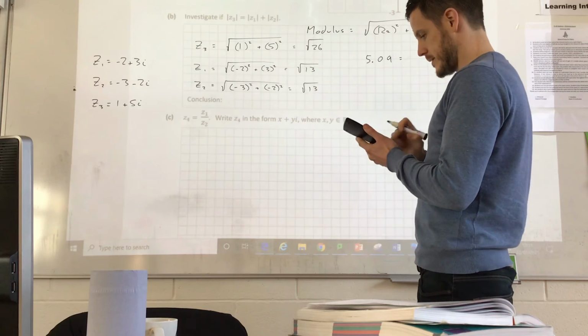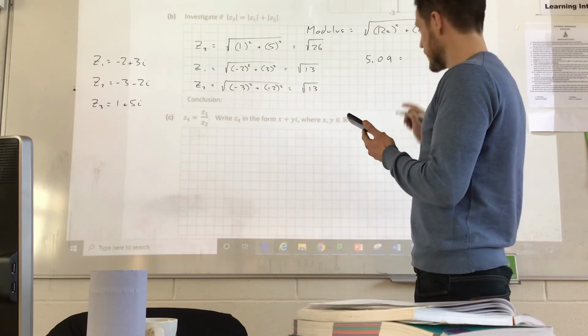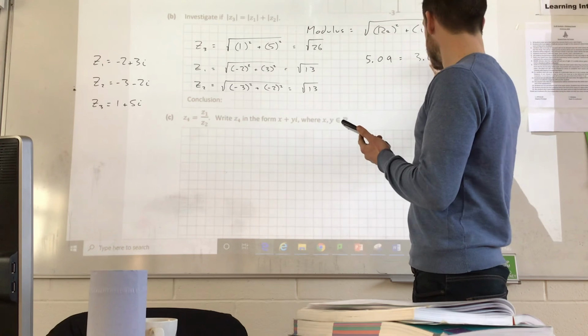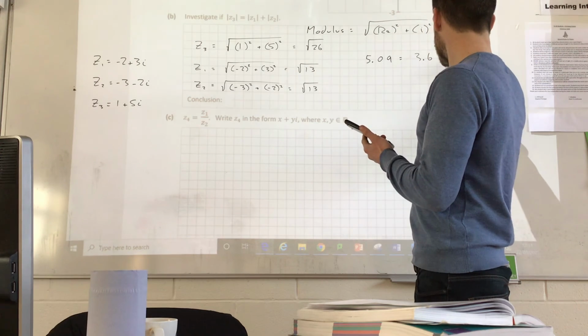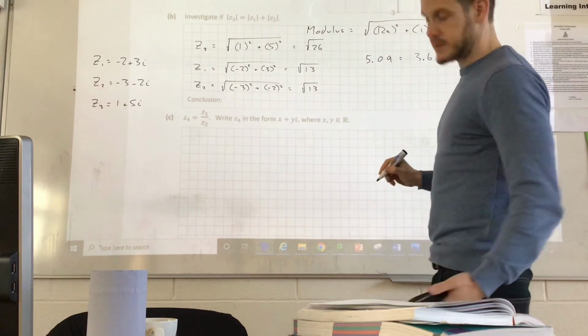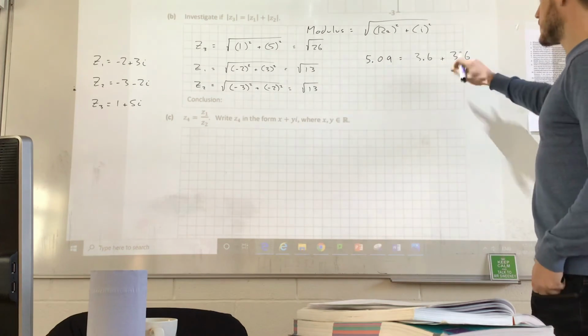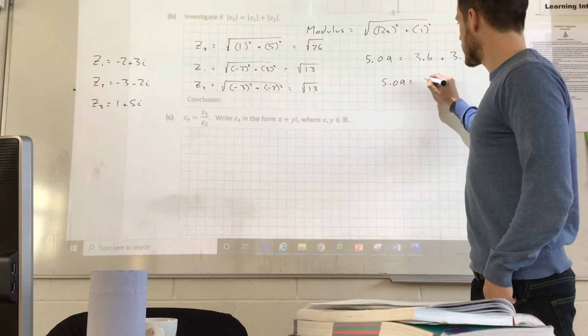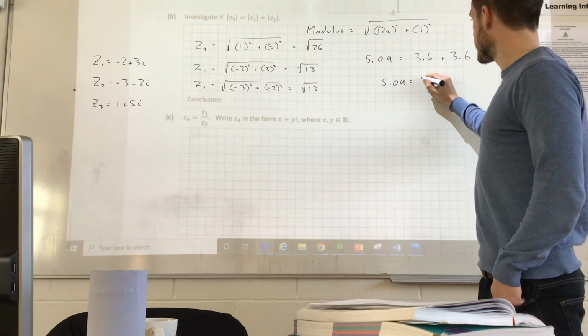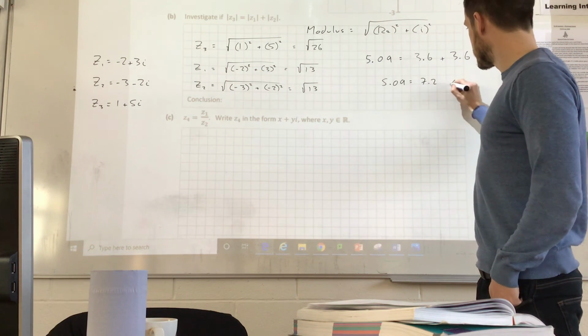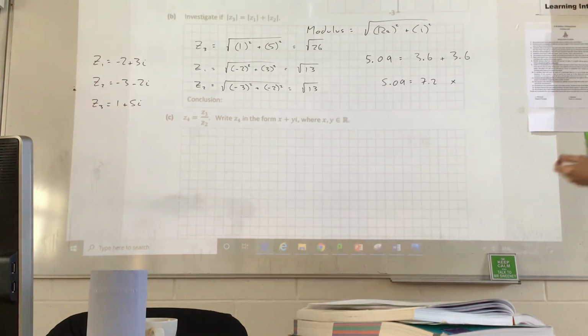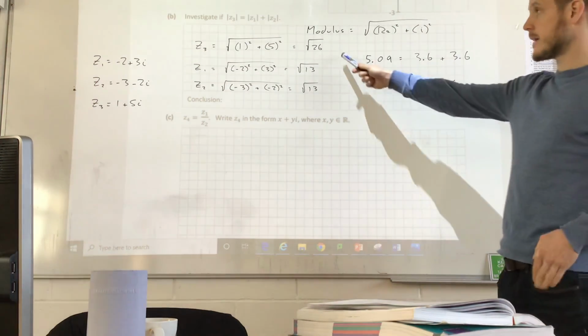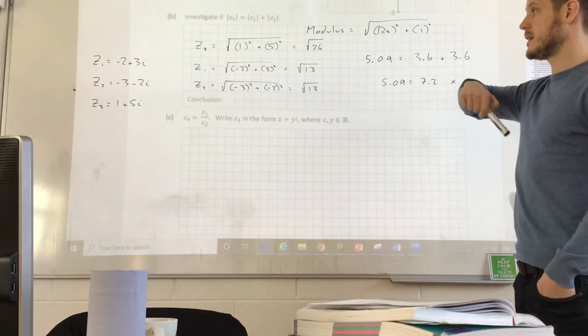The square root of 13, when you change it to a decimal, is 3.6, and it's going to be 3.6. And as you can see, 5.09 is not equal to 3.6 plus 3.6. So 5.09 is not equal to, in this case, 7.2. So they're not the same. And people see this and think, oh, they are the same because 13 plus 13 gives you 26.